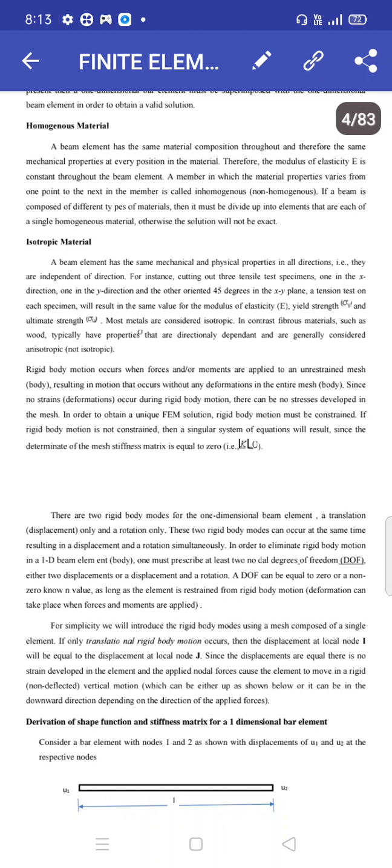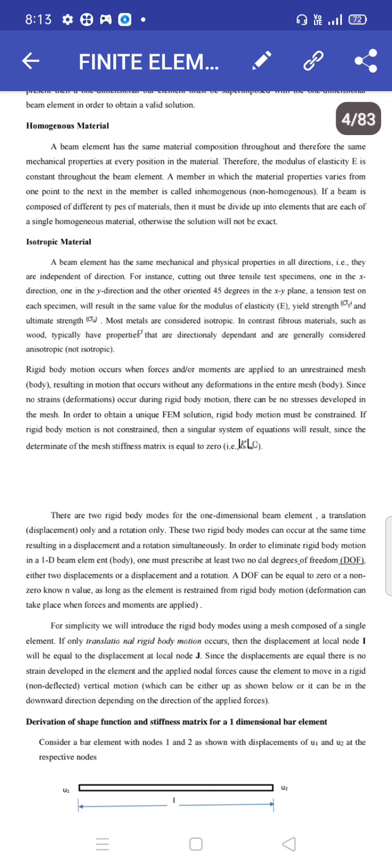Rigid body motion occurs when force and or momentum are applied to an unrestrained mesh, that is body, resulting in motion that occurs without any deformation in the entire mesh.